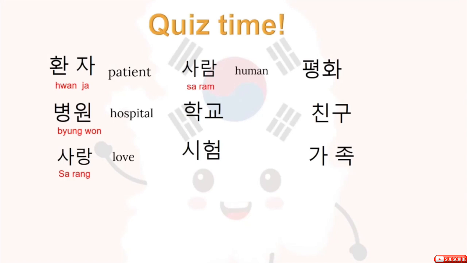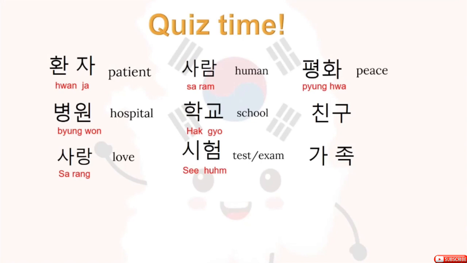Okay, next one is 학교, 학교, and it means school. Next one, 시험, 시험, and it means test or exam. Next one, we have 평화, 평화, and it means peace.